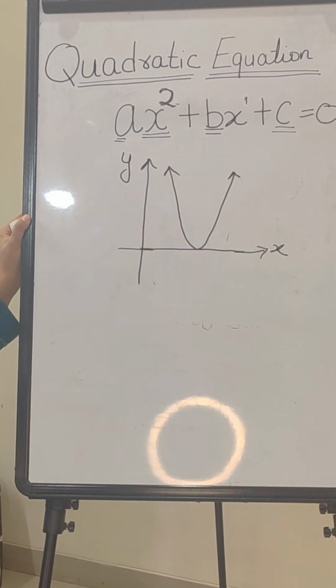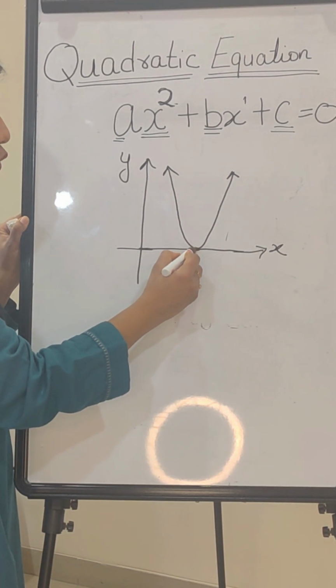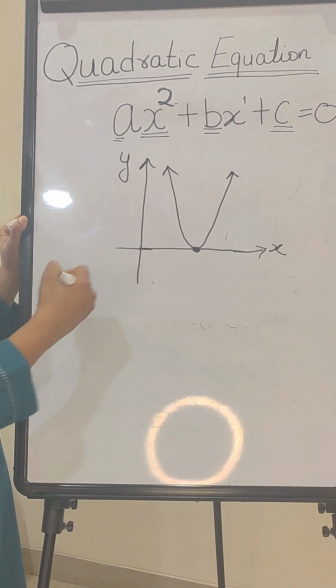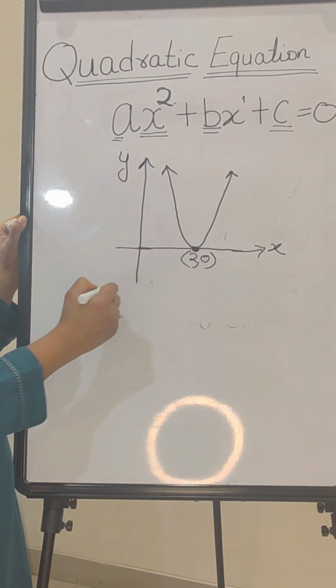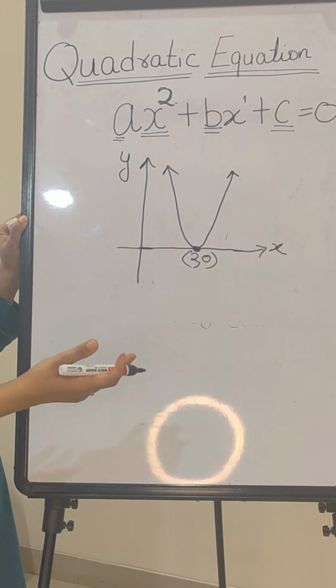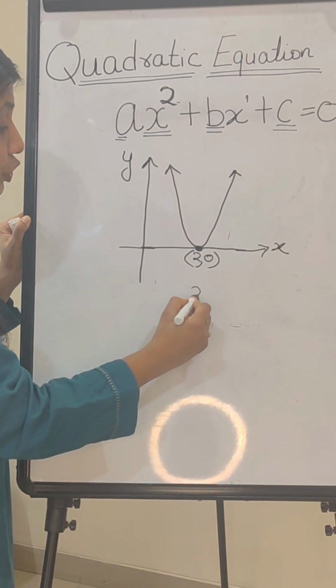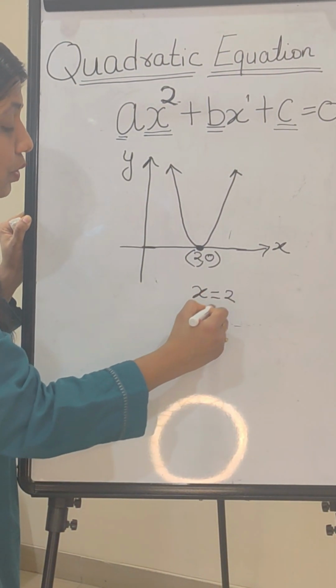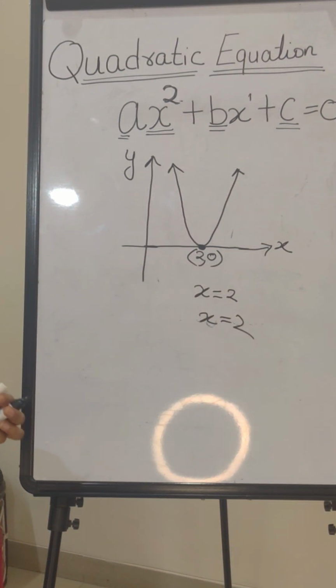So when the parabola is just touching the x-axis, it will have 2 equal solutions. Let's say that this point is (2, 0). So I will say for the given quadratic equation for which I have graphed this parabola, the solution will be x equal to 2, x equal to 2. So it will have 2 equal solutions.